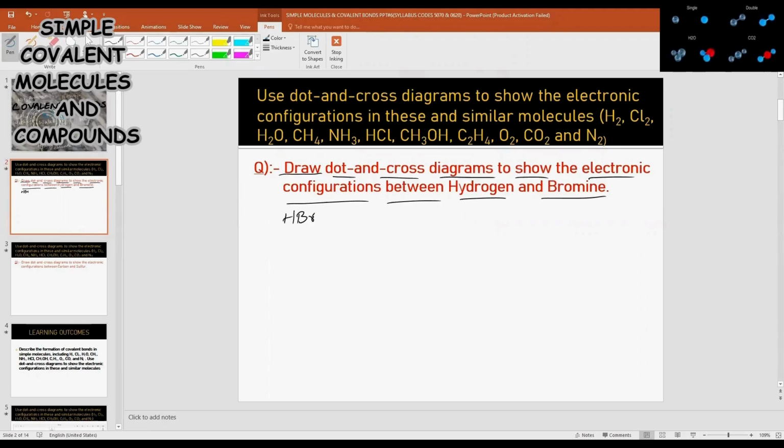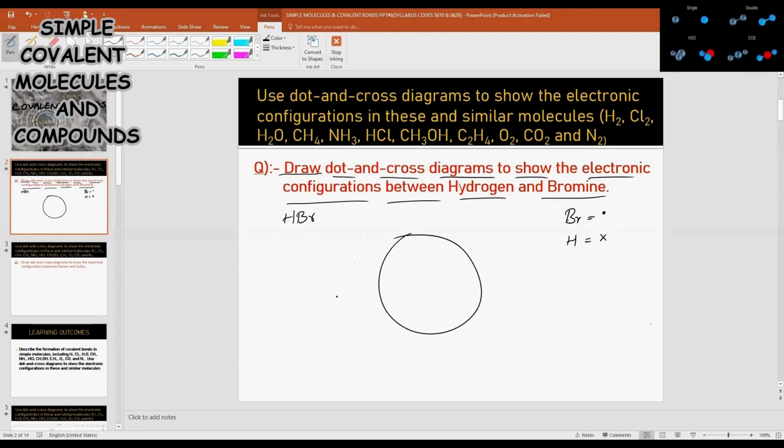I will show dots for the valence electrons of bromine and crosses for the valence electrons of hydrogen. Bromine belongs to group 7, which means it needs 1 electron to complete its valence shell. And we know that hydrogen needs 1 electron. So the final dot and cross diagram between these two will be like this.